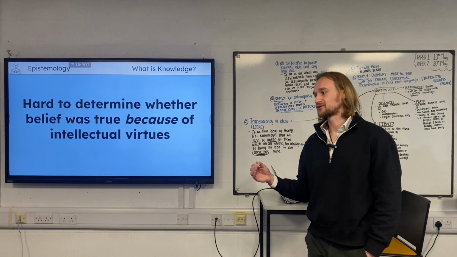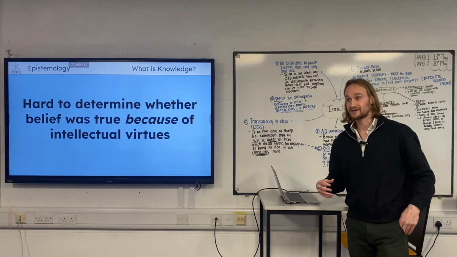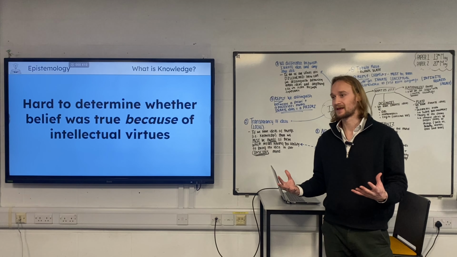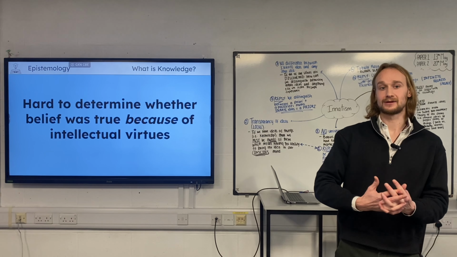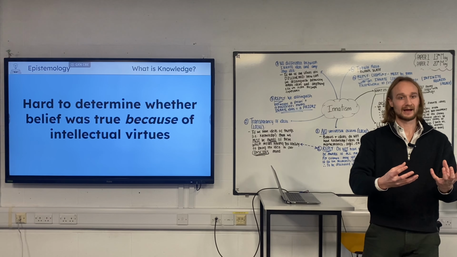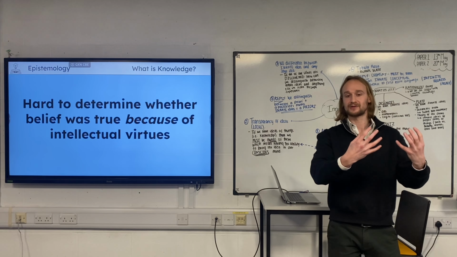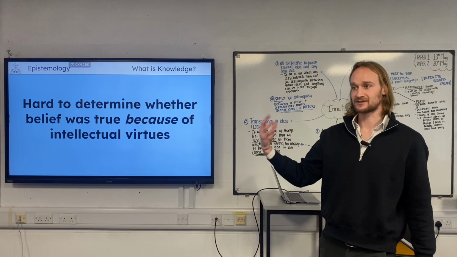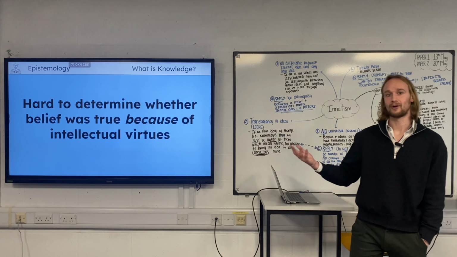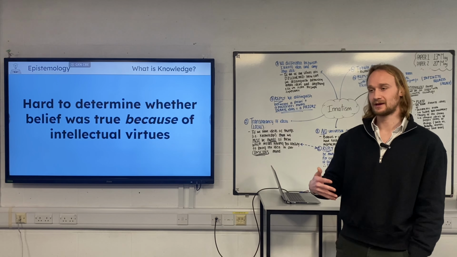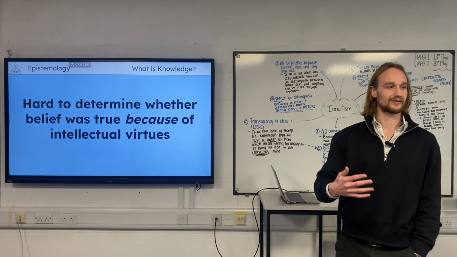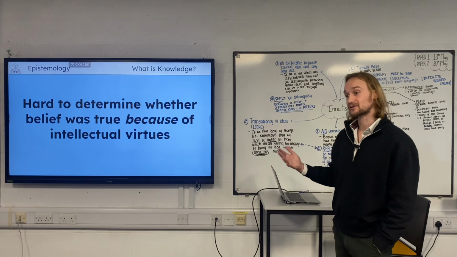So the problem with virtue epistemology is, one, defining what intellectual virtues are, because there are probably debates around that, and then again, actually making that connection between a true belief you have and the justification you have for that true belief in terms of the intellectual virtues you've used. So how do you know at all times you're going to know that a clock is, say, working, for example, or that you were right on that occasion because of your exercise of intellectual virtues?